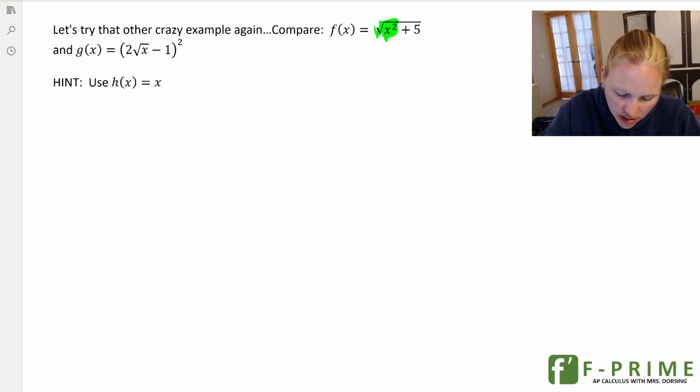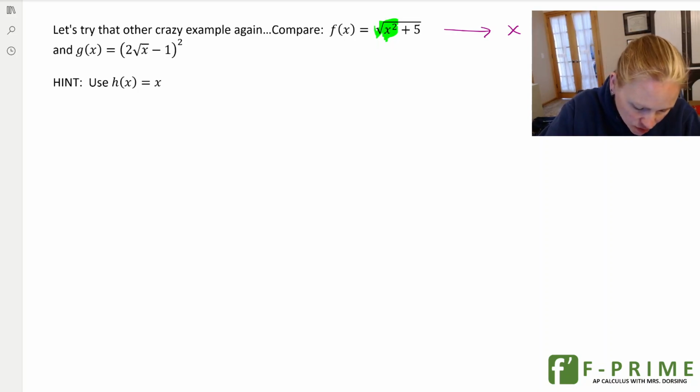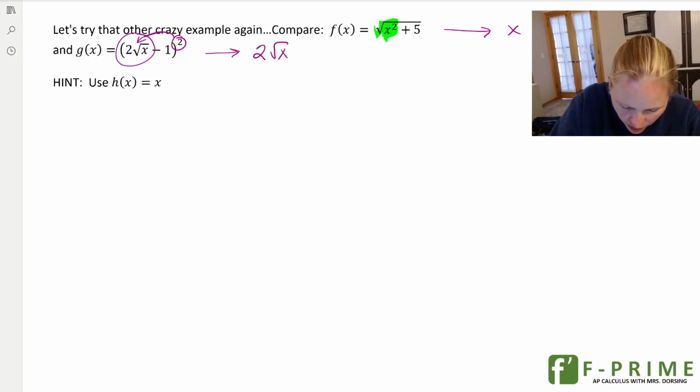So essentially, the end behavior model for this would be x. Really, for this one, I'm just going to square the leading term. The end behavior model becomes 2 square root of x squared, or 2x.